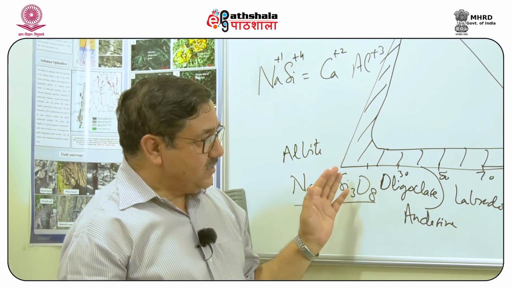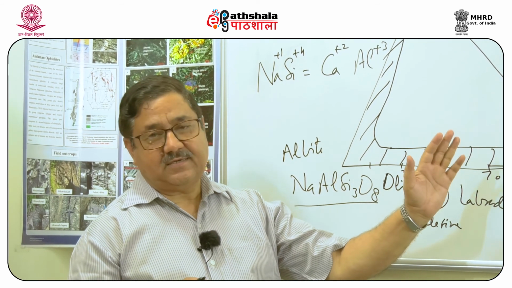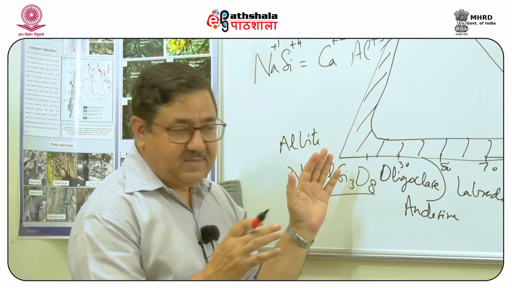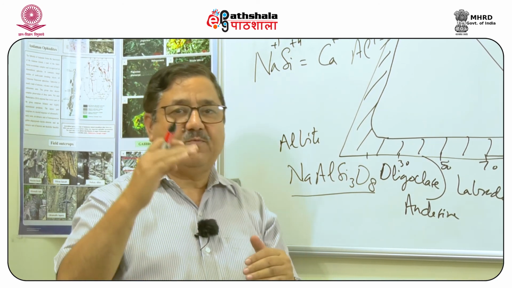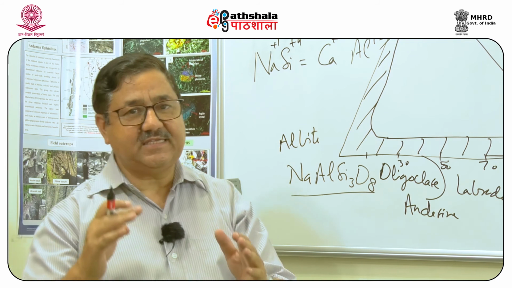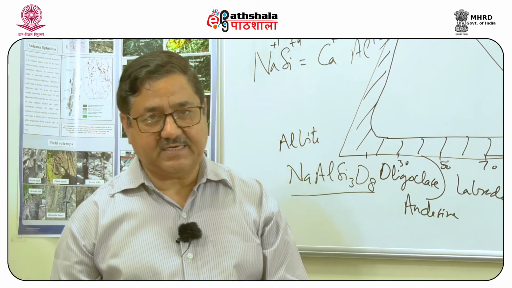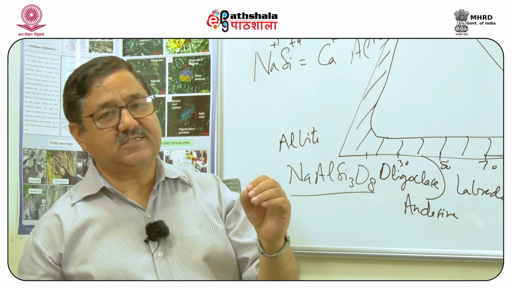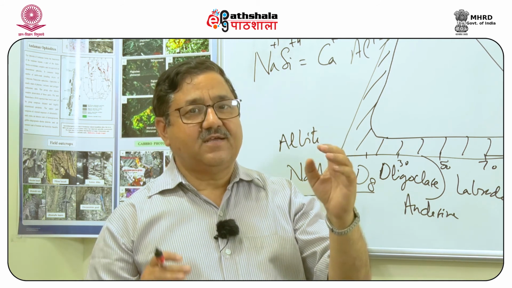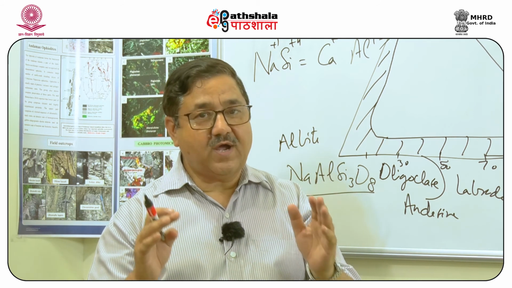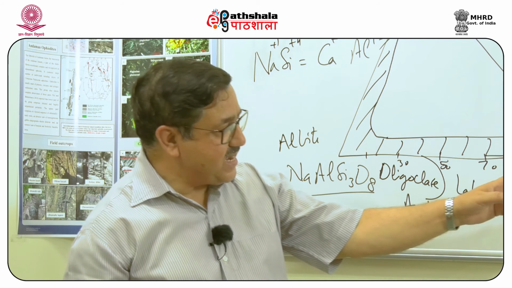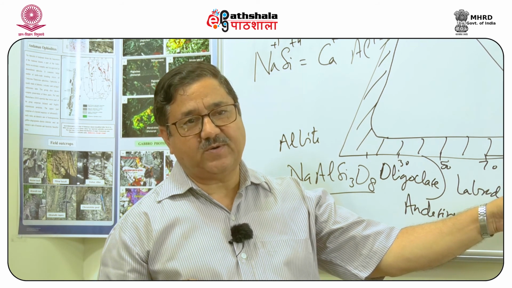Now, the plagioclase is very well explained when there is melt crystallization under equilibrium conditions. A plagioclase which is crystallizing slowly through a melt will first make a calcium rich plagioclase.